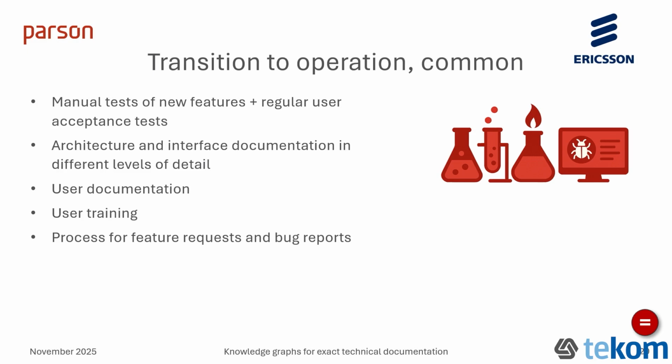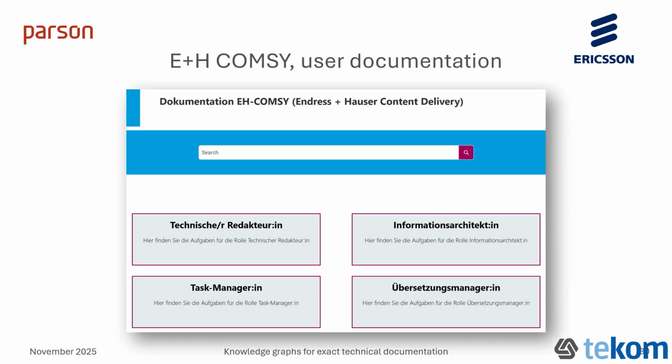So you need documentation, training, and also architecture documentation, because the solution is hopefully going to live longer than the time that you developed it. And you need a process for filing feature requests for the future and bug reports. This is nice because Anderson Hauser also invested a lot of money in user documentation. As I said, it's a co-development.